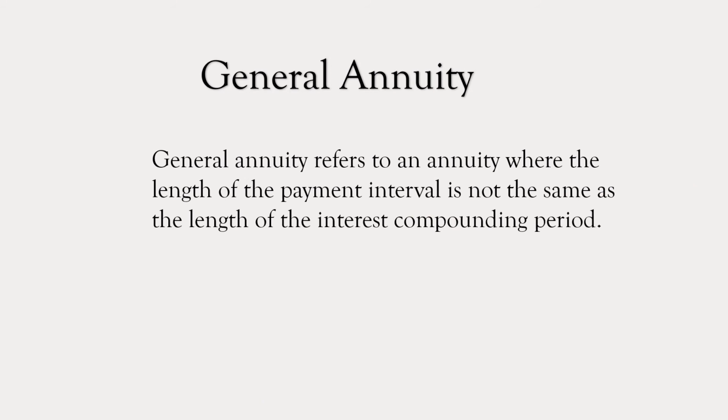So, we will now proceed to general annuity. Again, ang pagkakaiba nila sa simple annuity is that ang general annuity, it is an annuity where the length of payment interval is not the same as the length of the interest compounding period.